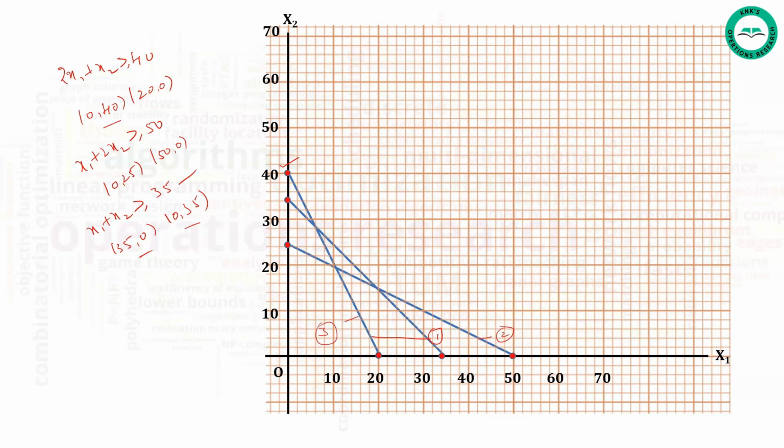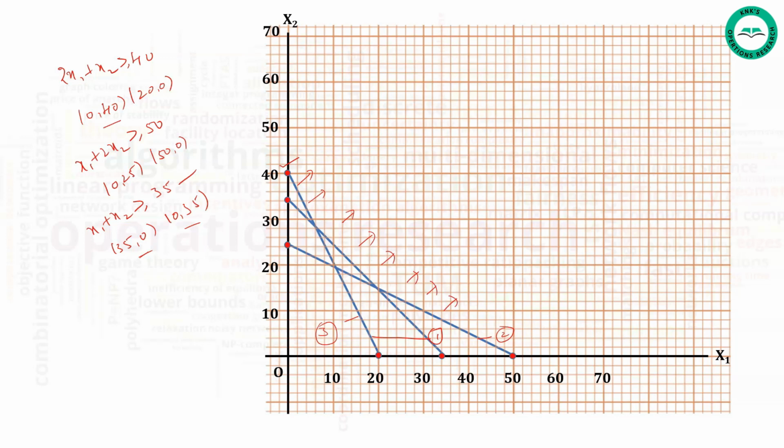Now identify the common, that is, the feasible region. After plotting each constraint and treating it as a linear equation, use the inequality sign of each constraint to mark the feasible region by the shaded area as shown. This is the feasible region.